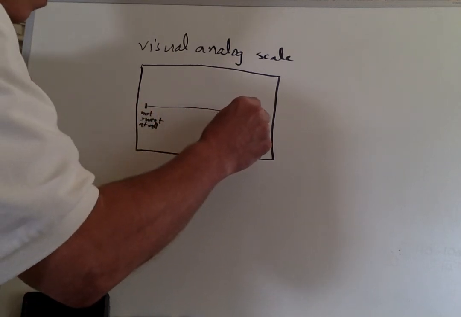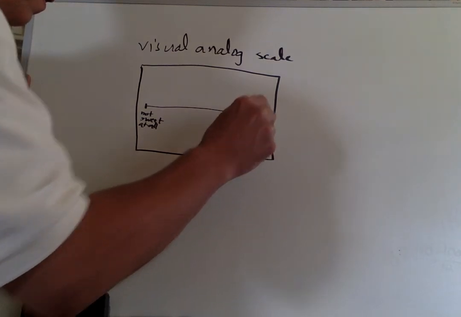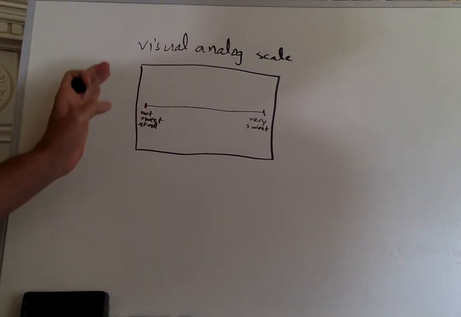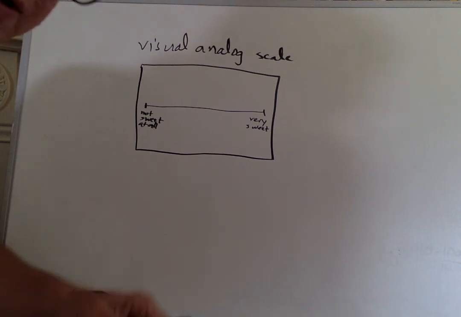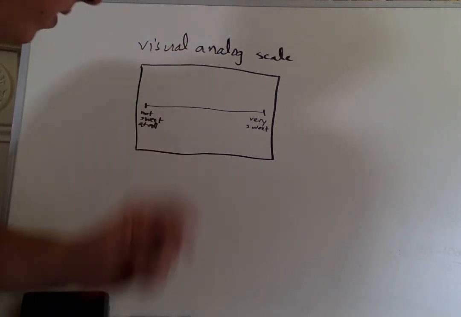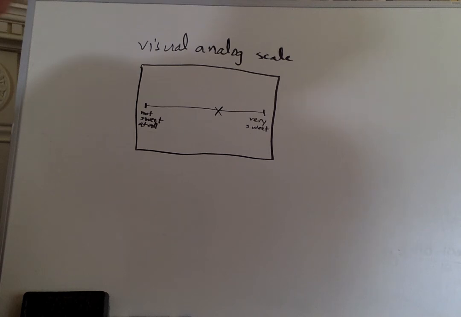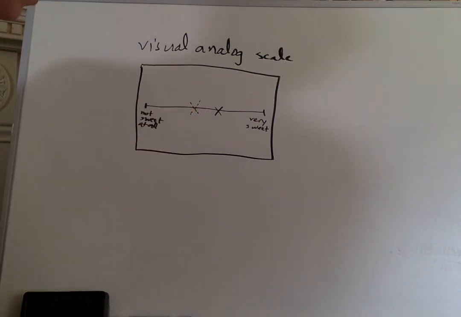And over here, I'm going to say, very sweet. Okay. And then have people place an X along this line to tell me how sweet they think the solution is. So they would taste the solution and then put their X here, okay? And someone else might taste that solution and they would put their X here, okay?